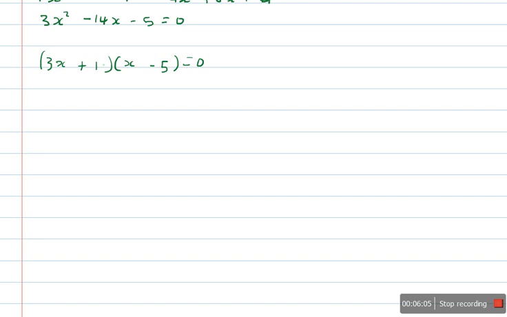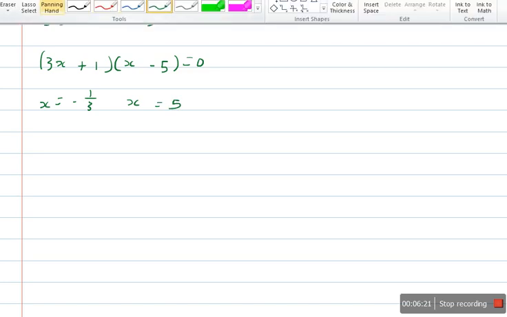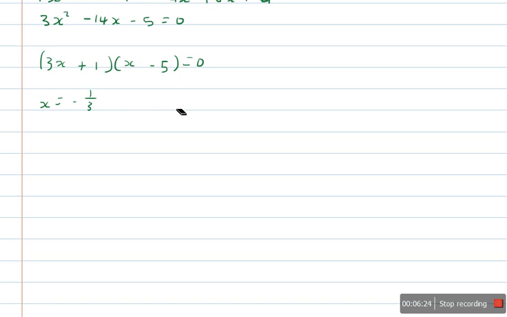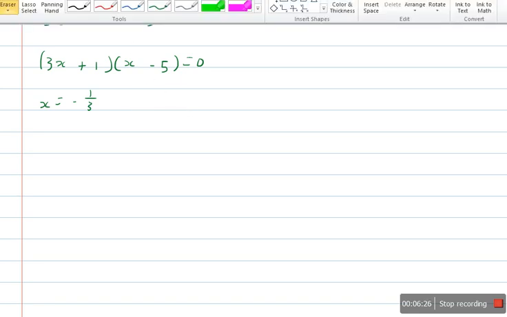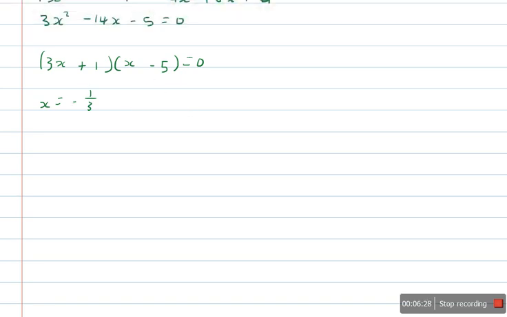So we test this: minus 15 plus 1 gives minus 14, so those are our factors. So our value of x will be negative 1/3, and also x will be equal to 5.